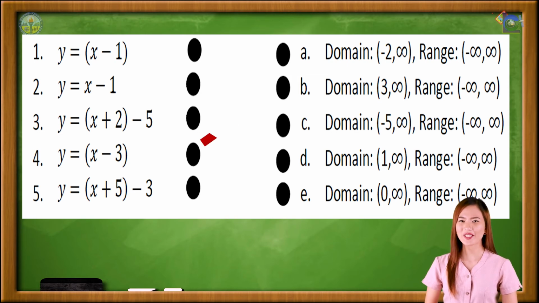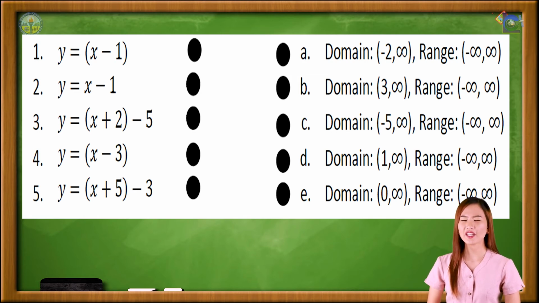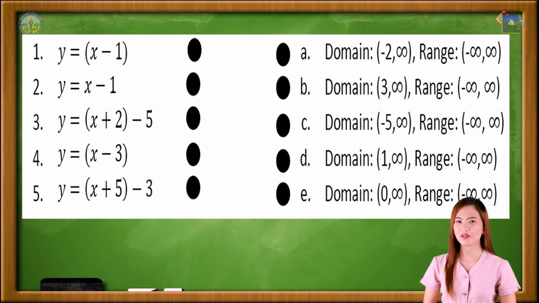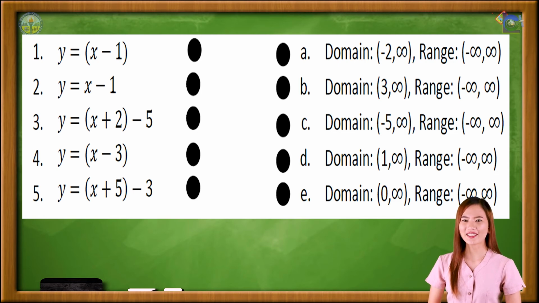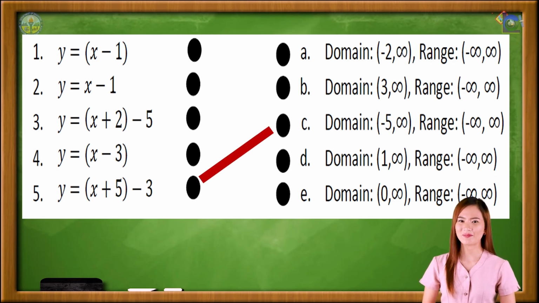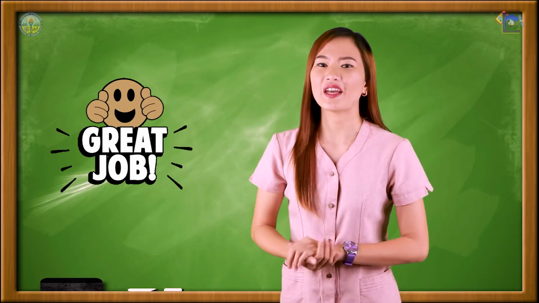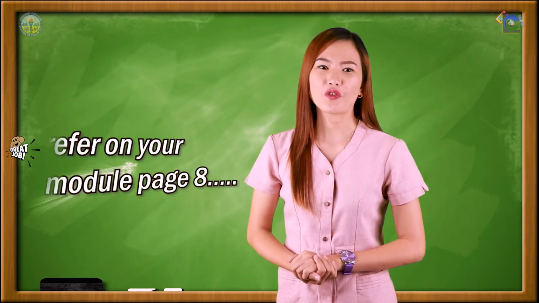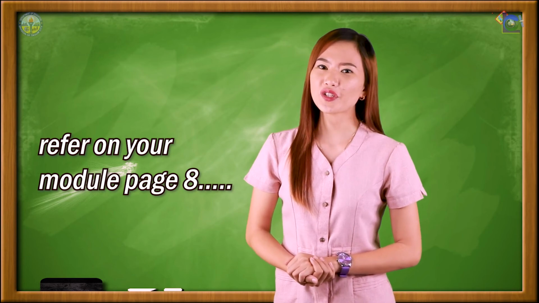The correct answer is letter B. Number 5. y equals log of the quantity x plus 5, minus 3. The correct answer is letter C. Great job, class! That's very easy, right? For further examples, you can refer to your module.